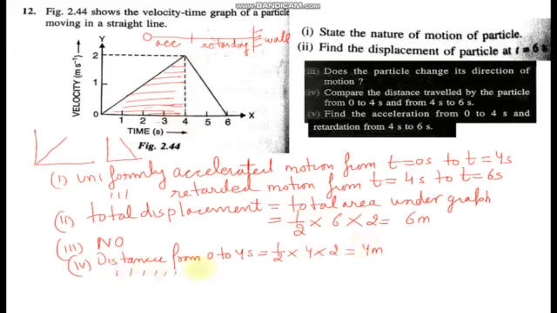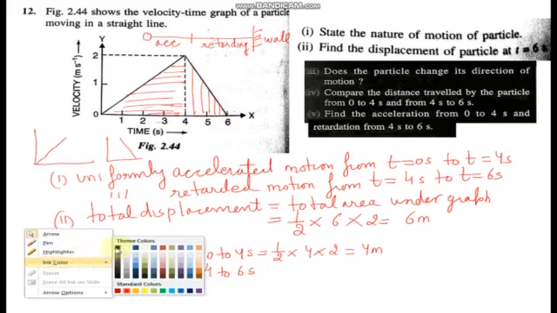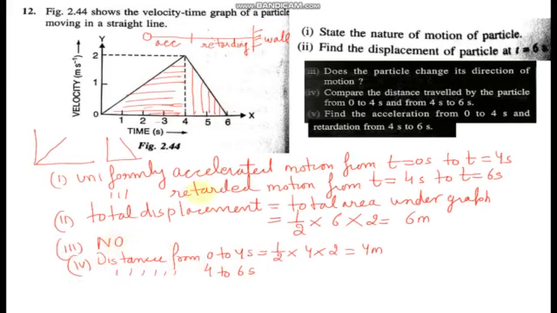And what is the distance travelled from 4 to 6 seconds? 4 to 6 seconds है ये triangle. Yes students, we have to find the distance from 4 to 6 seconds. So 4 to 6 seconds is this triangle, and we have to find the area under this triangle. It is also a right angle triangle.